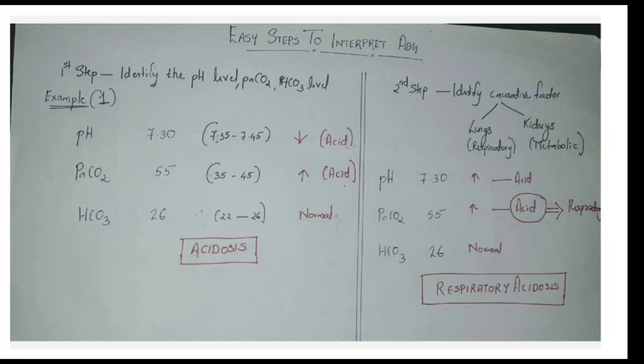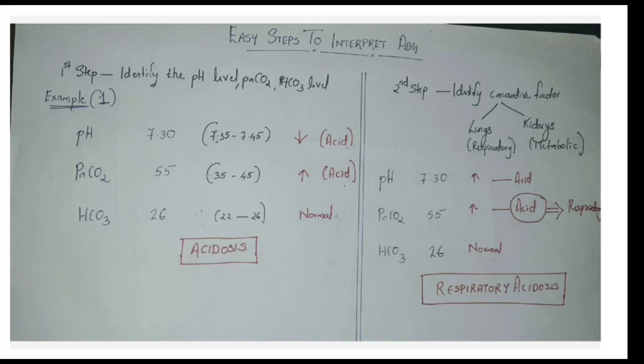So we have seen initially itself pH is acid, PCO2 is acid, HCO3 is normal. We are discussing the same example over here. So pH less, PCO2 high. Both are opposite. pH and PCO2 are opposite.